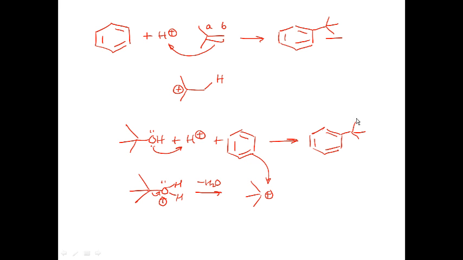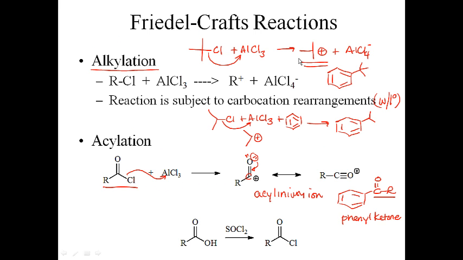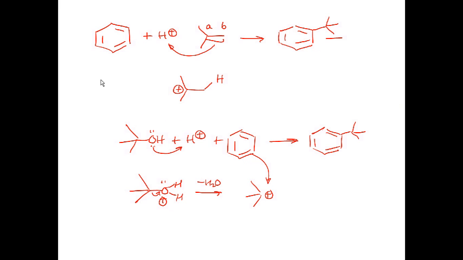So the Friedel-Crafts method, this is the traditional Friedel-Crafts method, but after a lot more reactions were discovered, there were other options besides doing Friedel-Crafts alkylation. And these are just two of them.